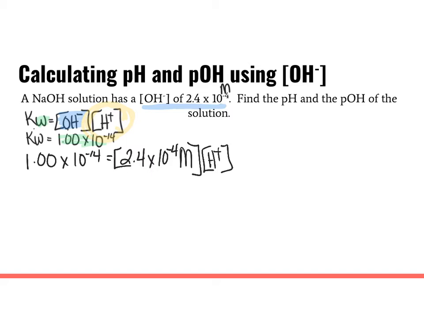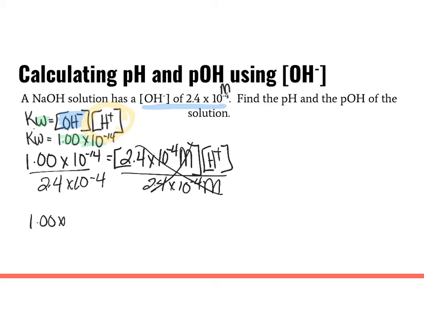So if I just want H plus by itself, I'm going to divide both sides by 2.4 times 10 to the negative 4th. So this side cancels out, and over here we are left with 1.00 times 10 to the negative 14th divided by 2.4 times 10 to the negative 4th, and that's going to be equal to H plus.